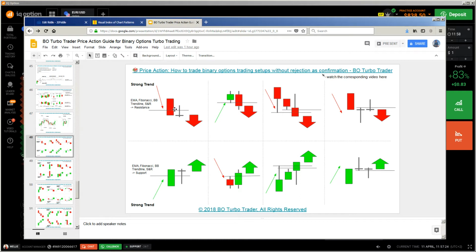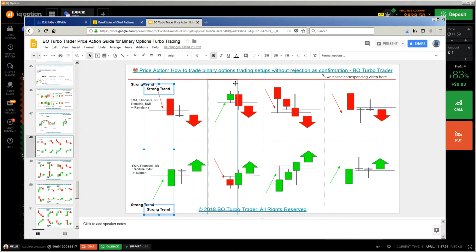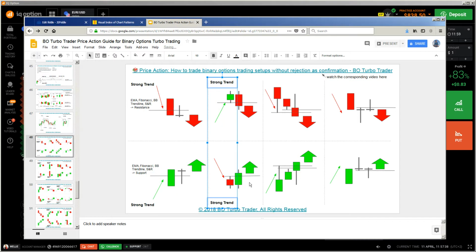Continuation trading setups we will do always in some kind of strong trend. And the other ones, the reversal ones, we do in a healthy market. Healthy market means with areas where price retraces.